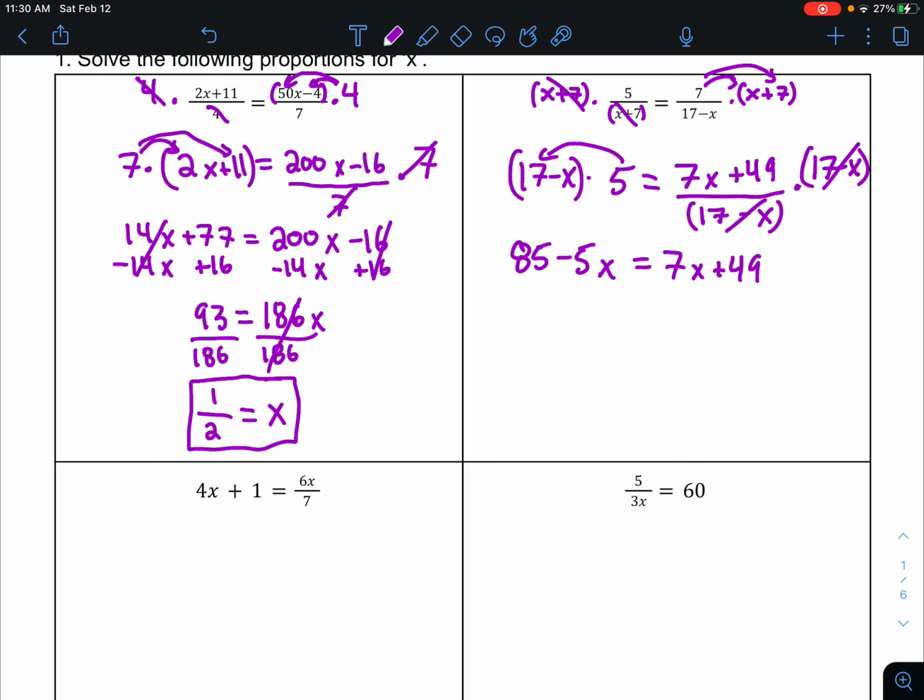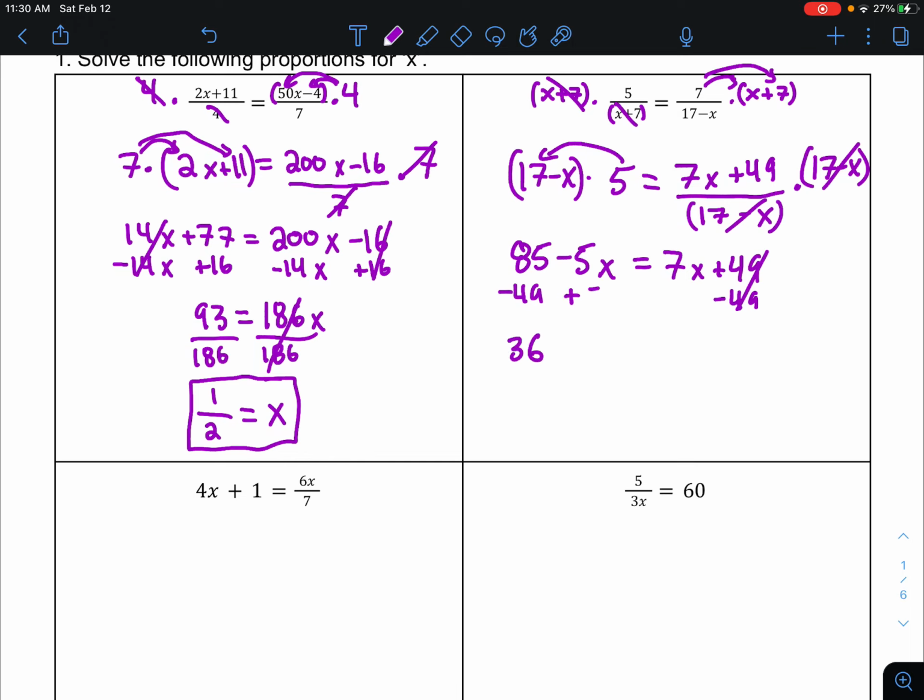Now I want to get all my x's together and all my constants together. I will subtract 49 from both sides. Okay. 85 minus 49. So 85 minus 50 would be 35. But we are subtracting 49, so we instead get 36. One more.